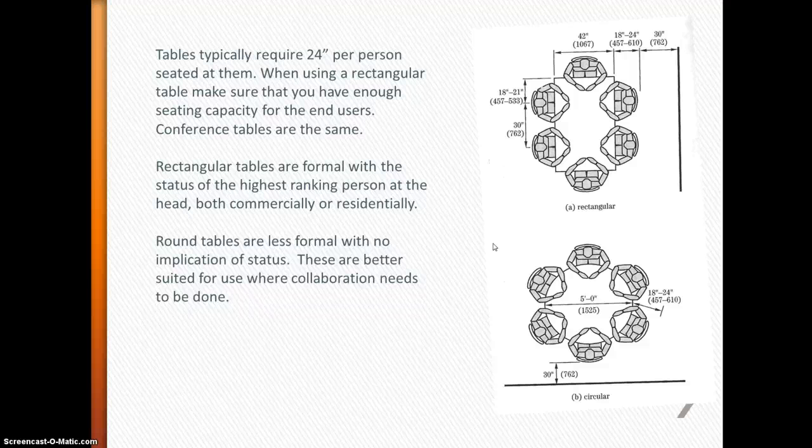If you'll remember the story, King Arthur and the Knights of the Round Table. He was the king, but yet he had all of his knights around here because everyone was considered equal. There was no higher, there was no lower. And that's really the feeling when we set people around a round table, because there is no position of status. So those work well when we need to collaborate.